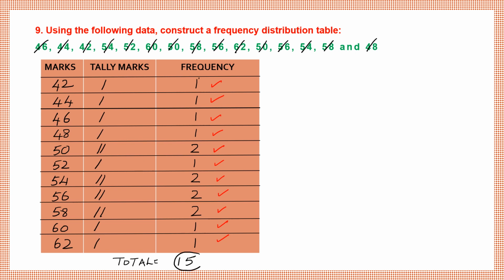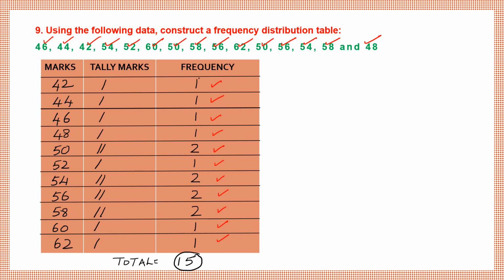So now let's check our observations to see if we have 15. So let's go to the observations. Let's count the observations. 1, 2, 3, 4, 5, 6, 7, 8, 9, 10, 11, 12, 13, 14, 15. Okay, so observations are 15 and our frequency total is also 15. That means our table is correct.